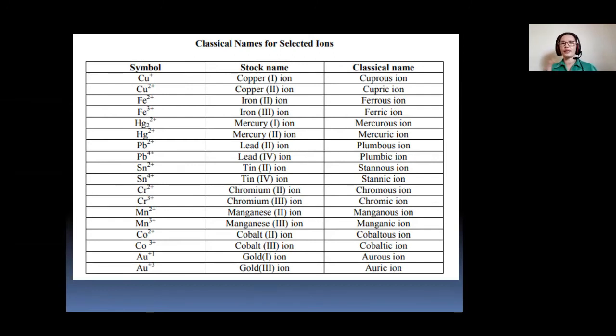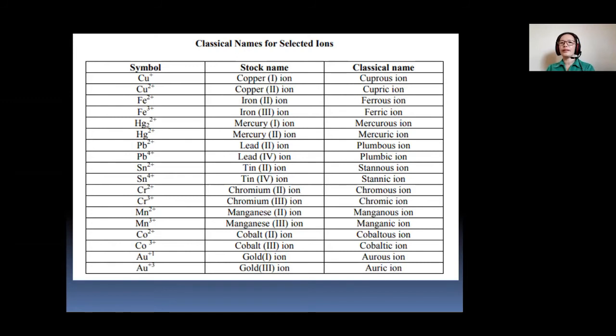The stock name for iron positive 2 is iron, parenthesis, Roman numeral 2, and for iron positive 3 it is iron, Roman numeral 3 in parentheses. But if you make use of the classical, it's ferrous and ferric: ferrous for the lower oxidation number, and ferric for the higher oxidation number.